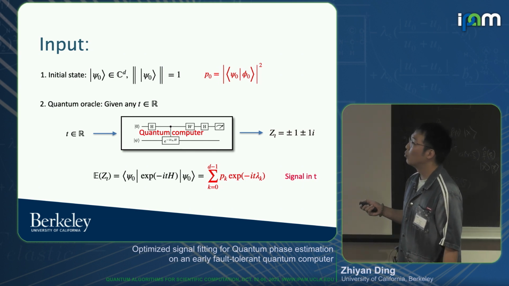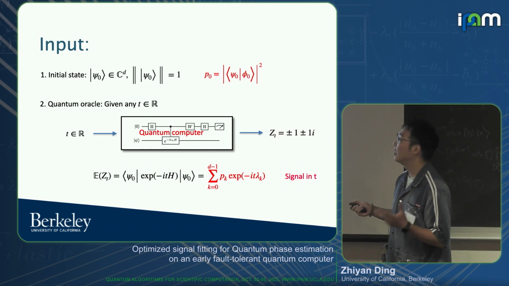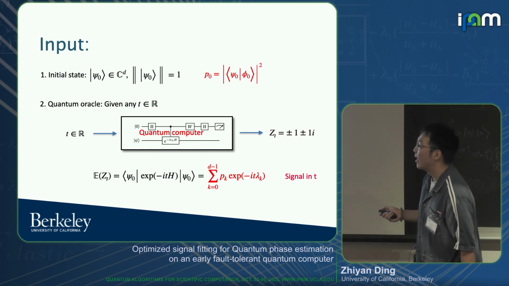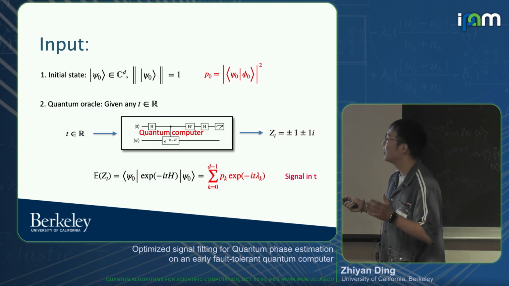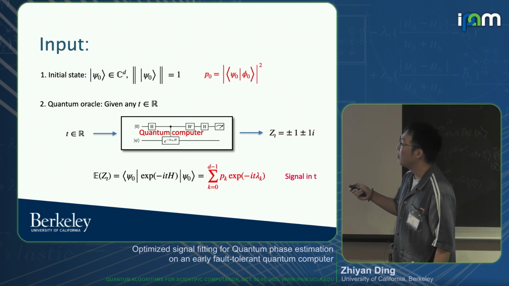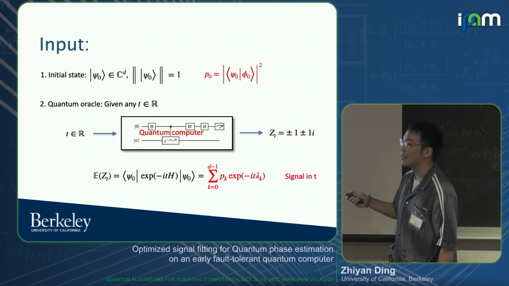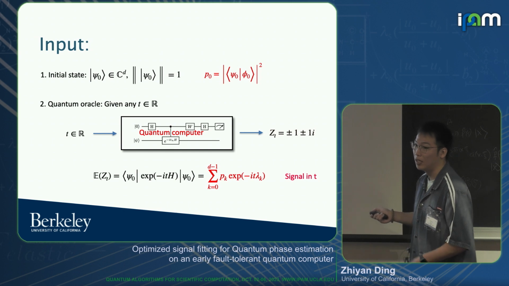Because we need to estimate the ground state energy of H, we must need some information from H. To make this friendly to applied mathematicians, you can imagine that we have a quantum computer, and essentially we put the Hadamard test circuit in this quantum computer, but it's not very important in my talk.